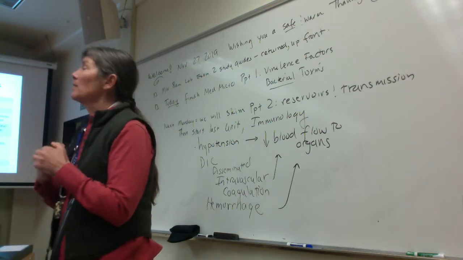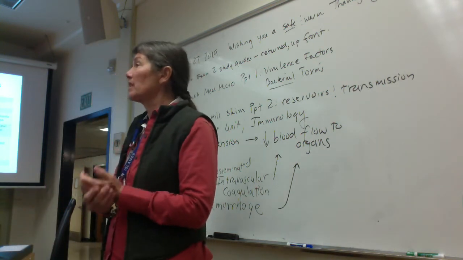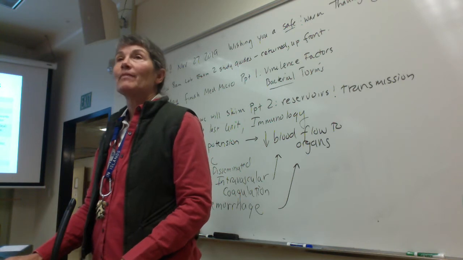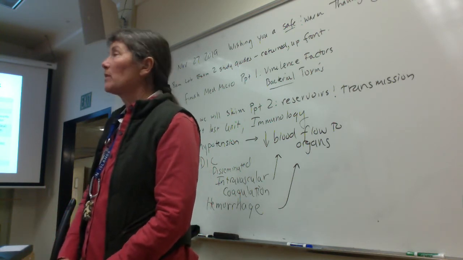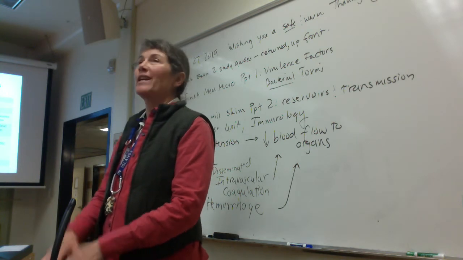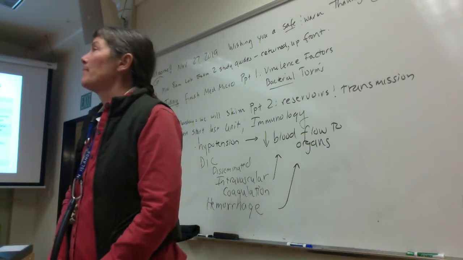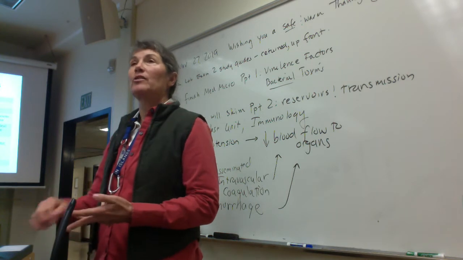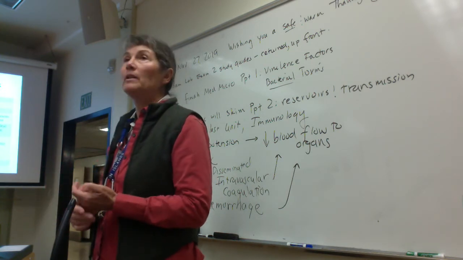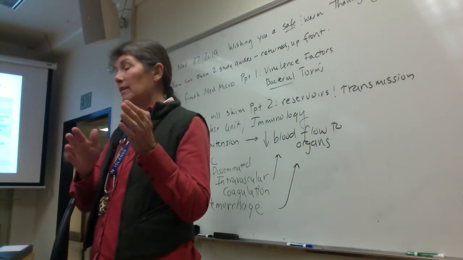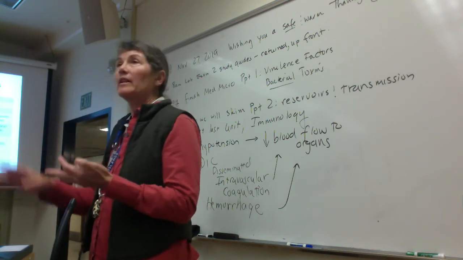And what happens when our organs, our tissues, our cells aren't getting enough blood? They start dying, right? They start shutting down. So we can have what's called multiple organ system failure. That's an old term, but I do like it. Your kidneys start to shut down, your liver, your brain, your lungs, your heart. Your patients are going to be confused, right? And that can lead to shock and eventually death.